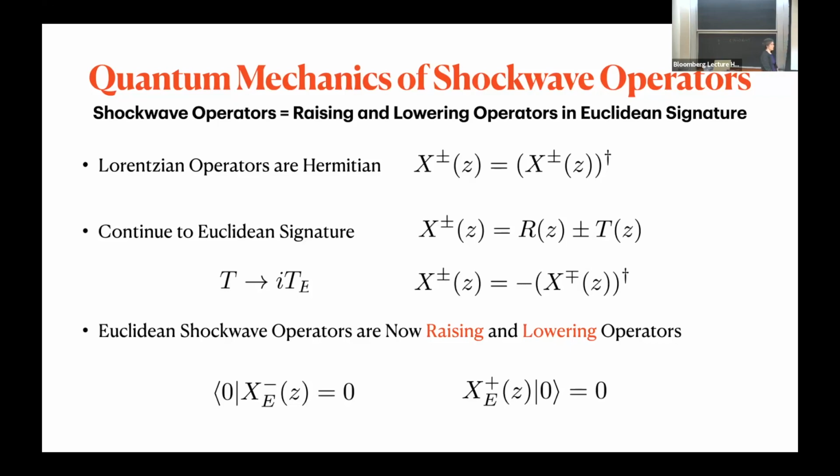And so there is a basis that you can choose where these Euclidean operators are now raising and lowering operators. So only one of the operators acting on the vacuum state gives a non-zero contribution. So what that implies is that the x minus expectation value would vanish, for example, but I would get a non-zero contribution from x plus x minus.